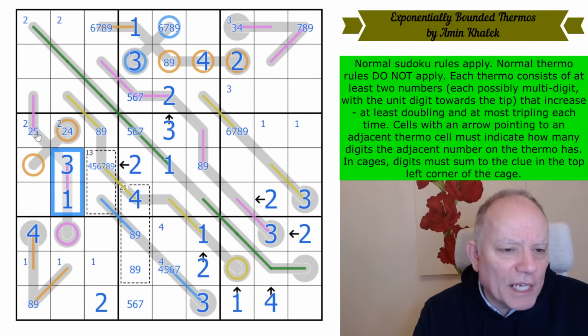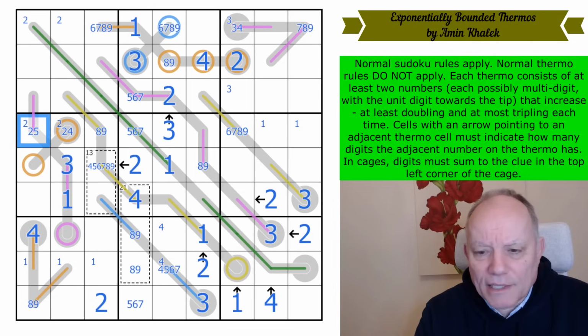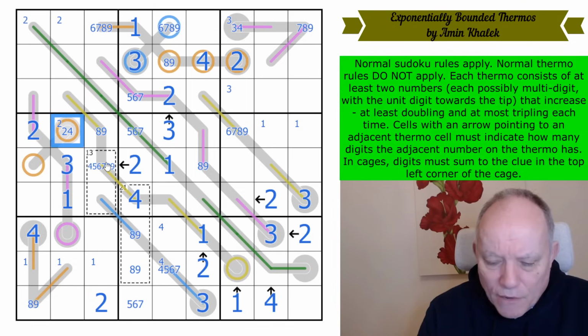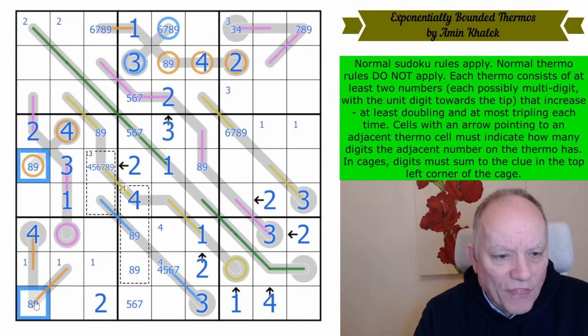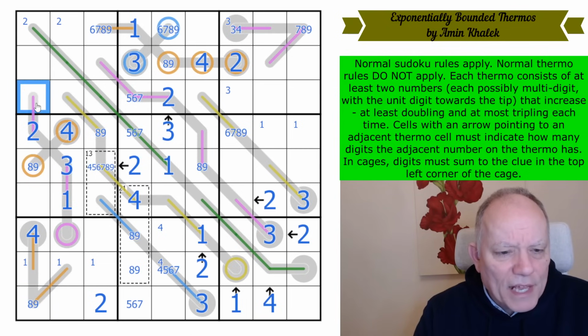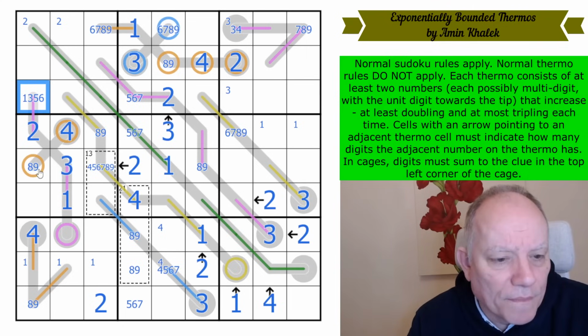Now, that is 13. 13 times 3 is 15. No, it's not. It's 39. So we're not going to get up to there. So that's a 2. And that's now a 4. This has to be 8 or 9, which forms a pair with that digit. This can't go above 26. So that is 1, 3, 5, or 6.